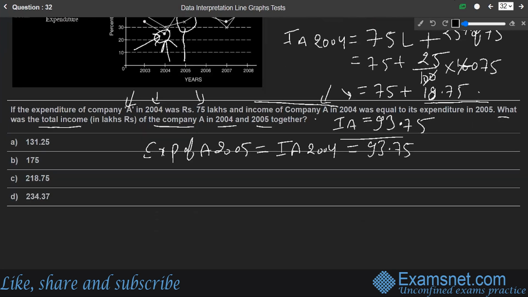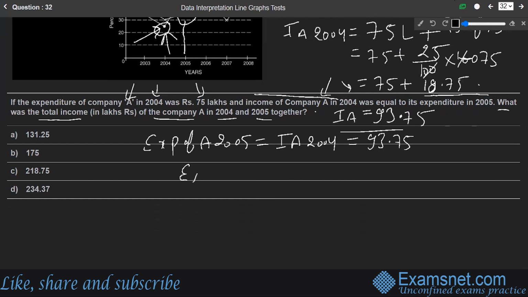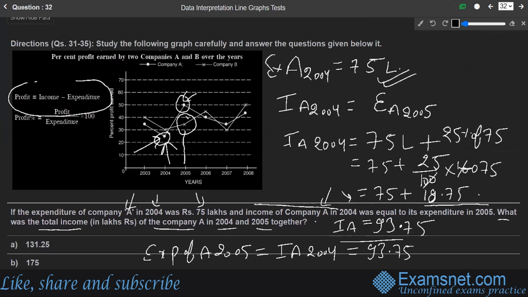So the expenditure of A in 2005 is clearly 93.75. Now the expenditure value is already provided. What is the profit percentage in 2005? The profit percentage in 2005 for company A is simply 50%.